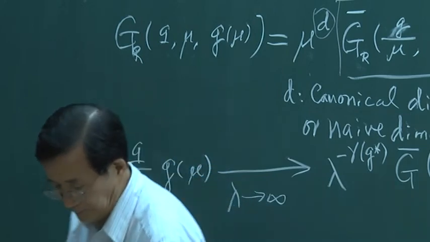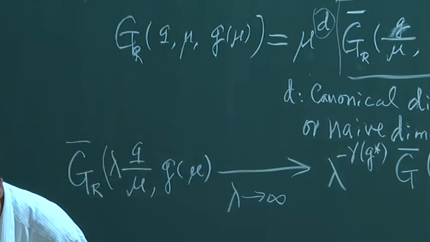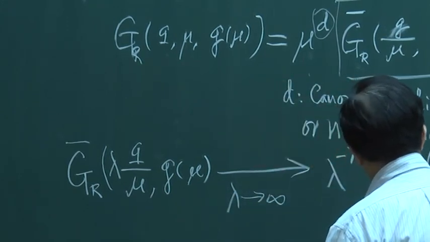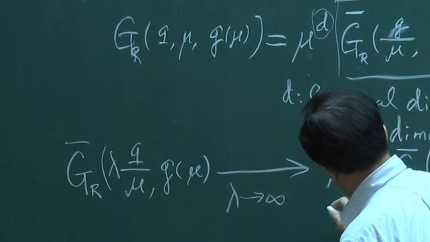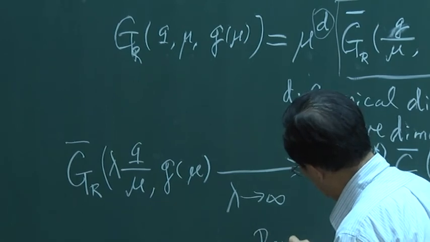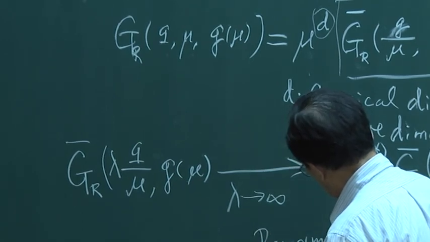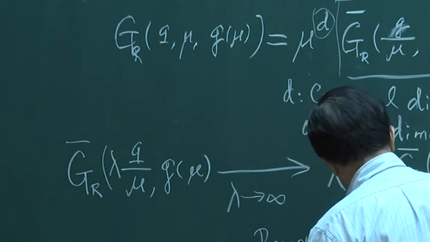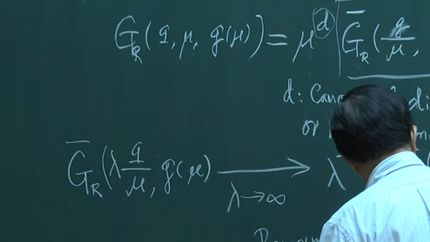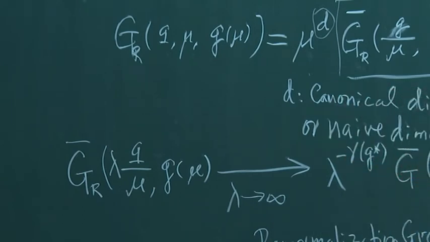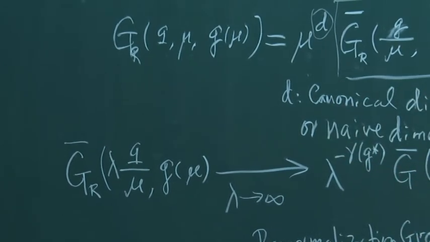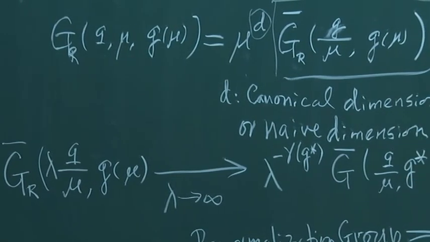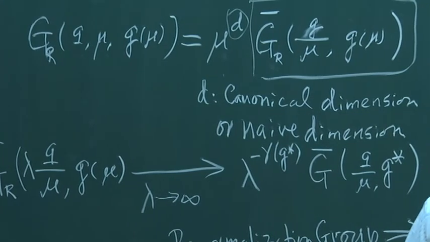So in other words, somehow the renormalization group produces extra powers, and this is very similar to critical phenomena.